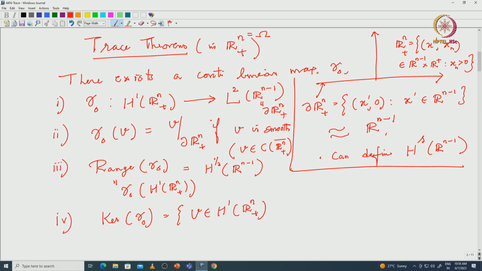Gamma naught is called the trace map. Gamma naught of v is equal to 0, and this space is nothing but H^1_0 of R^n_+. That means if your trace is 0, such functions can be approximated by D of R^n_+ functions, not D of R^n functions.